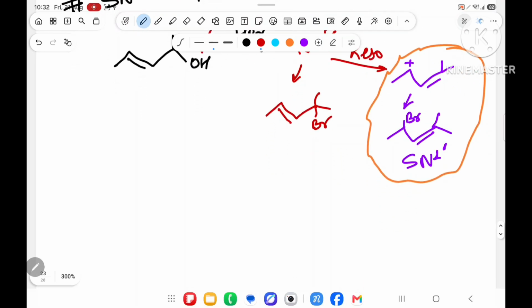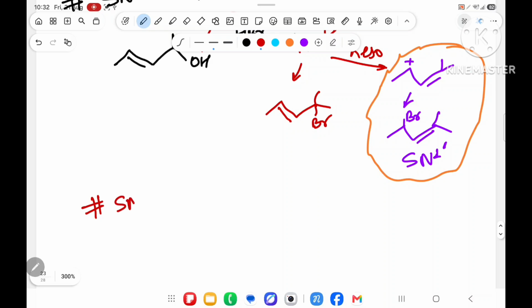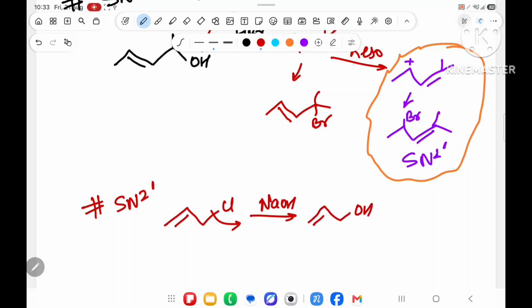Similarly, SN2 prime is also a resonance product. Suppose I have taken Cl here. In presence of NaOH, Cl will go. One option: you put OH directly.